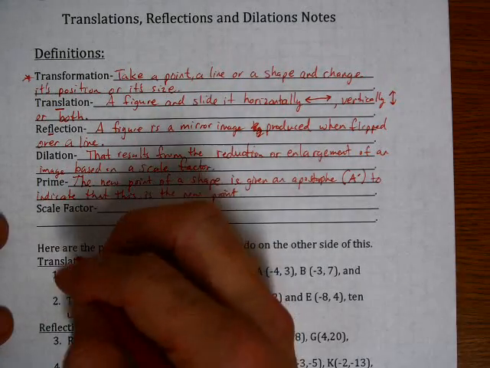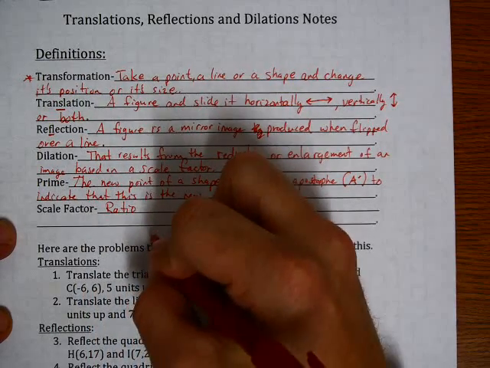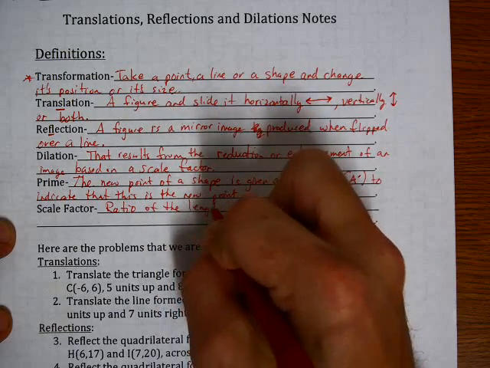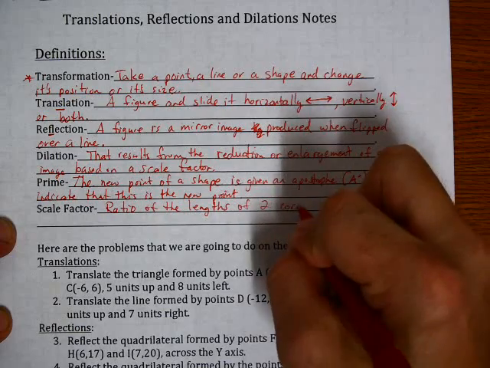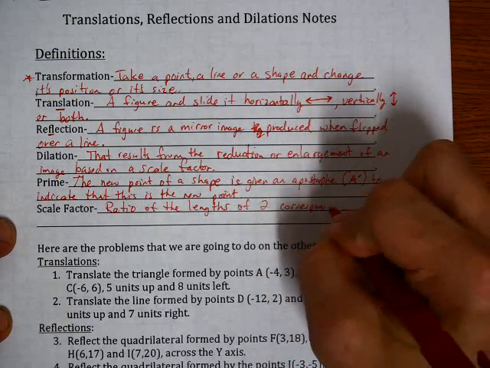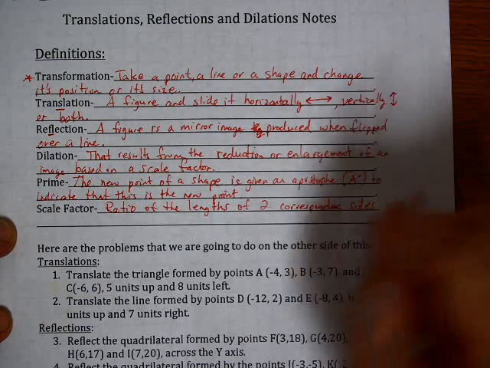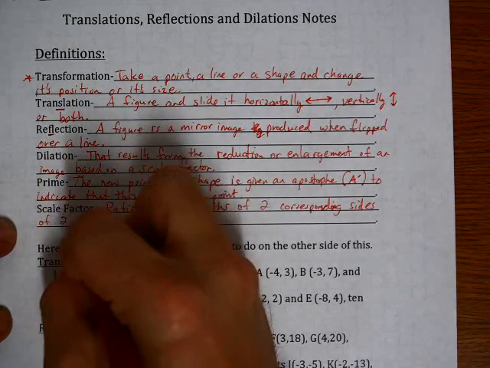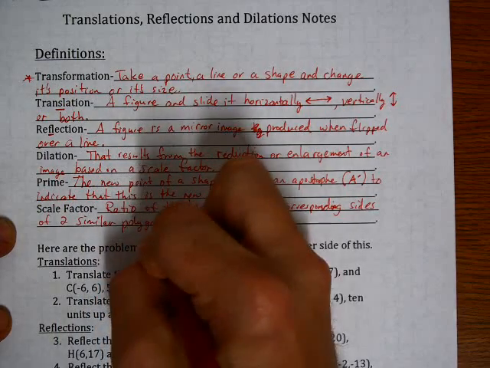Okay? And the last one, scale factor, is the ratio of the lengths of two corresponding sides of two similar polygons.